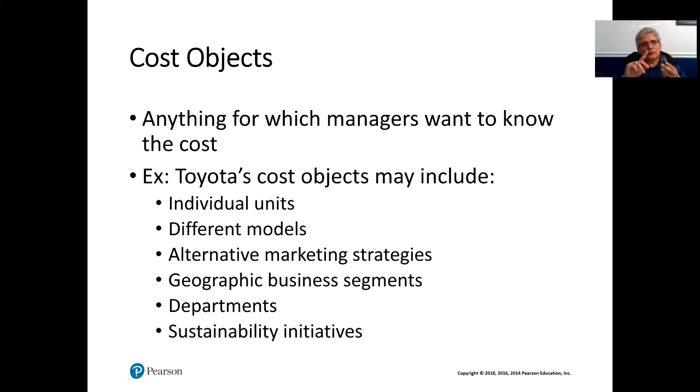Are we tracking costs by departments, by geographical segments, all these individual units, models, marketing strategies, geographic business segments, departments, sustainability? What is our cost objective? I know we're calling it cost objects, I know that, but think of objects as really just a shorter term for objective.